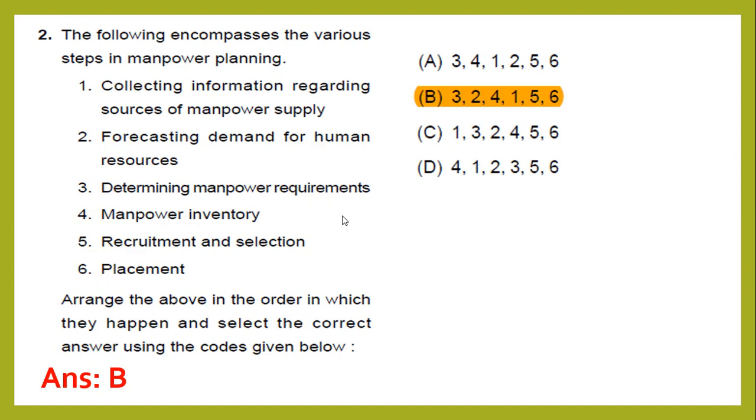First one is determining the manpower requirements, then forecasting demand for human resources, then manpower inventory, collecting information regarding the sources of manpower supply, then recruitment and selection. The last one is placement. So therefore the correct option for the second question is B, which consists of 3, 2, 4, 1, 5, 6.